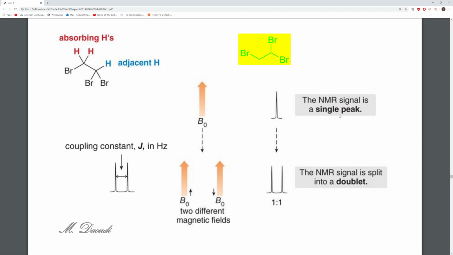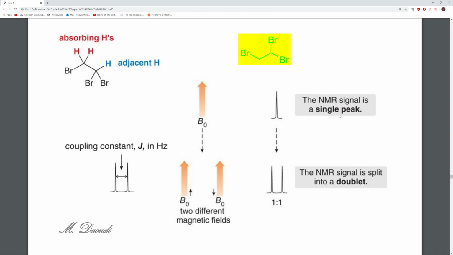And so what's happening here is, remember how we talked about how there are different types of energy states? This is sort of similar to that, in that when you have hydrogens next to it, you're going to have different types of spins. So you can spin up or spin down, where the magnetic field is pointed up or the magnetic field is pointed down. This has to do with Chem 2 stuff.